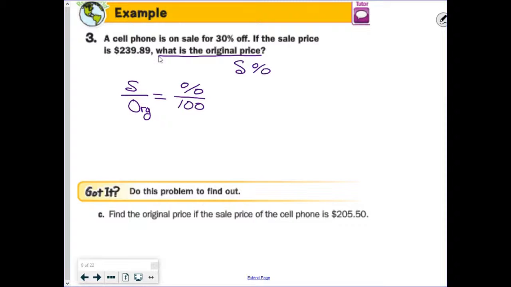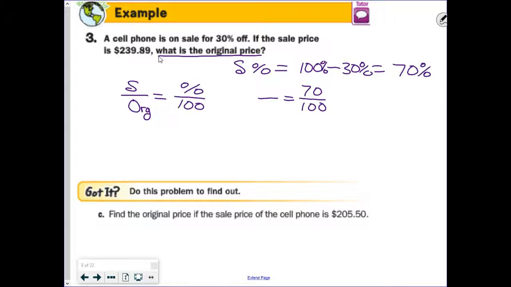So the sale price percent is going to be 100, the whole cost of it, minus the sales price percent, which is 30% off. So 100% minus 30% means that this item is on sale for 70% of the cost. So when we set up our proportion, we are going to use 70 where the percent goes. Remember, when using a percent proportion, we do not need to move the decimal point.